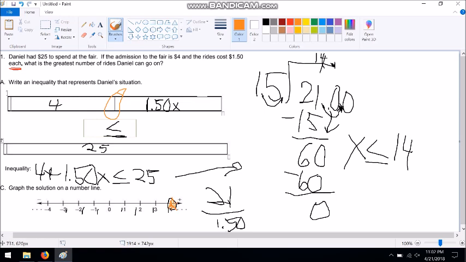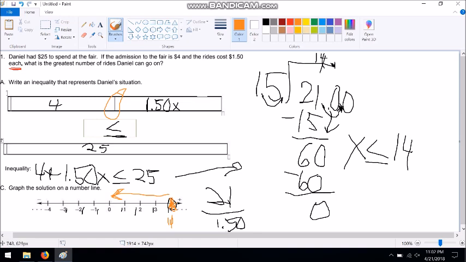We're going to circle it and then fill it in. We fill it in because it's equal to as well as less than. That's why you color in your circle. And then you draw an arrow going downwards because it's less than. So it's going towards 0. And that's how you graph your inequality.